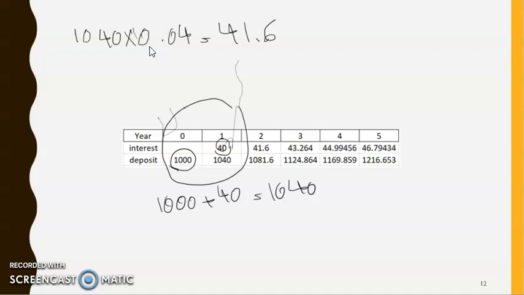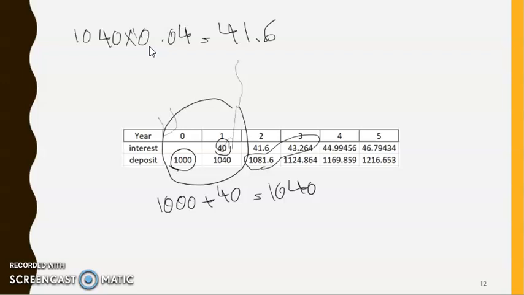You had 1040 at the beginning of year two. So 1081.6 would be the amount of money you have in your account at the end of year two. 1081.6 is the amount of money you have. So the interest that you get would be 43.264, 4% of 1081.6. So these things are connected to each other. 4% of this is this.